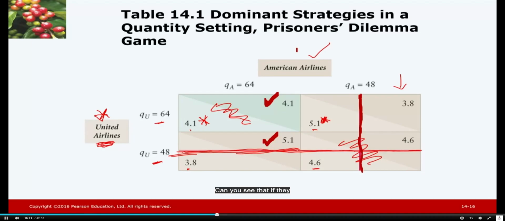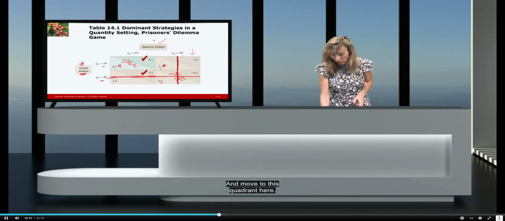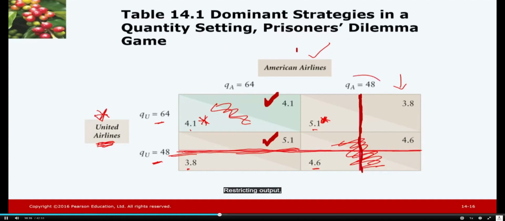Can you see that if they were actually to collude, if they were to form a cartel and agree to restrict output and to both produce the lower output of 48 and move to this quadrant here, they would actually maximize their profits.